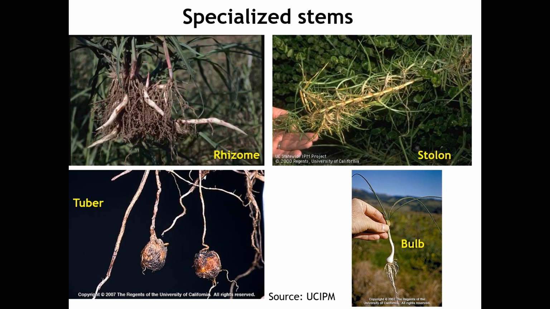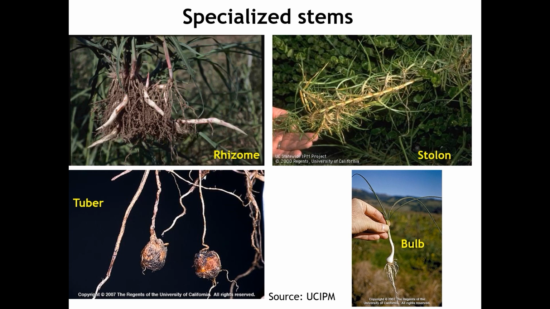Then we have the perennial plants that have specialized stems. For example, you can see on the top left of your screen Johnson grass that has specialized below ground structures called rhizomes through which they can reproduce. On the top right side you can see Bermuda grass with stolons that are surface stem structures that can help with reproduction.